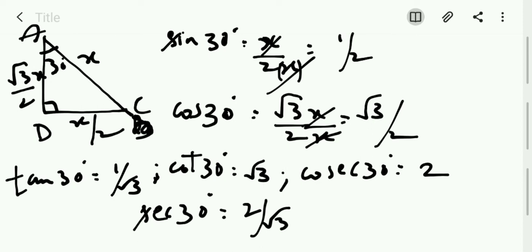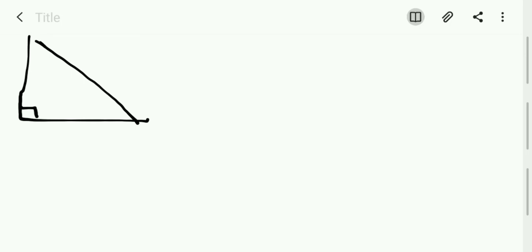Now this same triangle, look, the same figure, we will be using it to find out now 60 degree with all the same values. Okay, so now I'll just draw this once again. Now this was our right triangle, I'm extremely sorry.